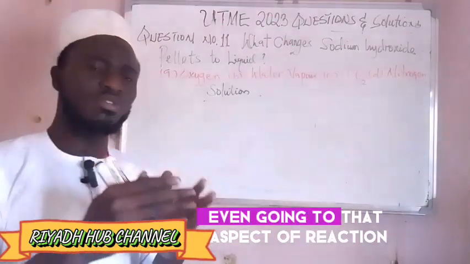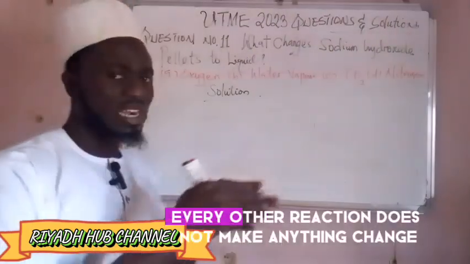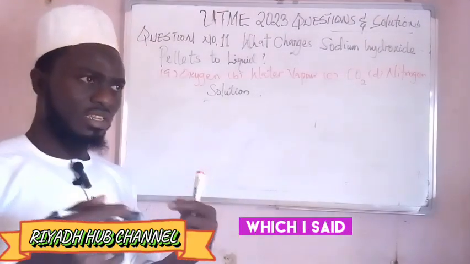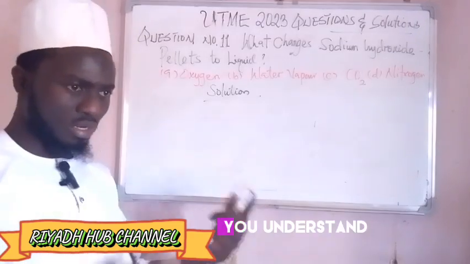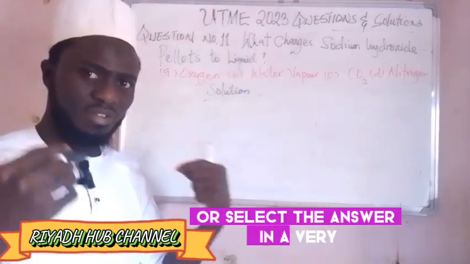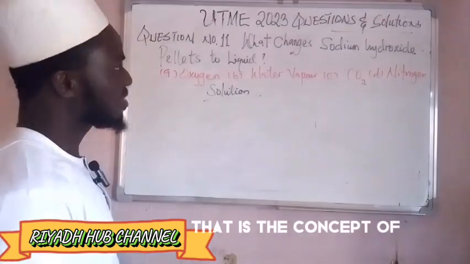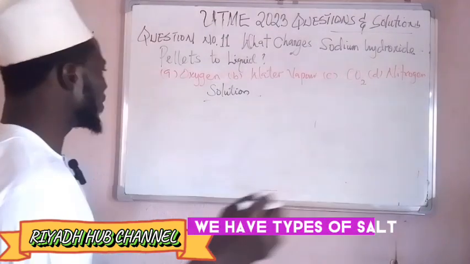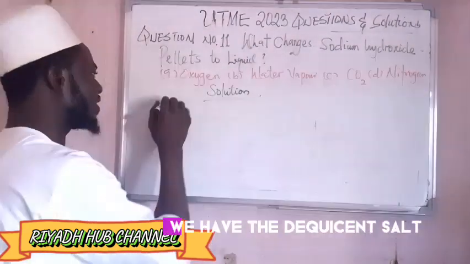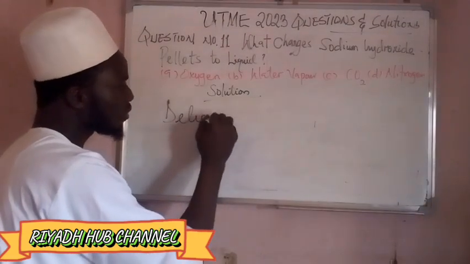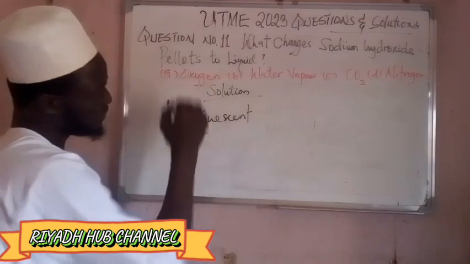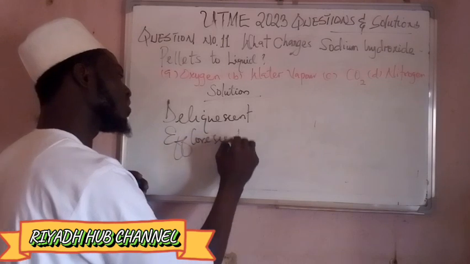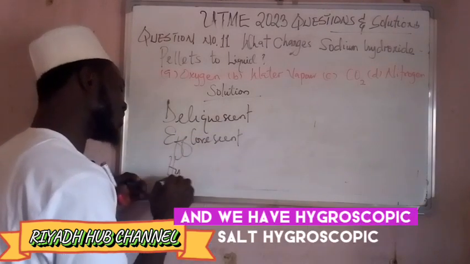And even going to that aspect of reaction, not every reaction makes anything change. The first thing you should know, which will make you select the answer in a very short time, is the concept of types of salt. We have types of salt regarding their quality: we have deliquescent salt, efflorescent salt, and hygroscopic salt.